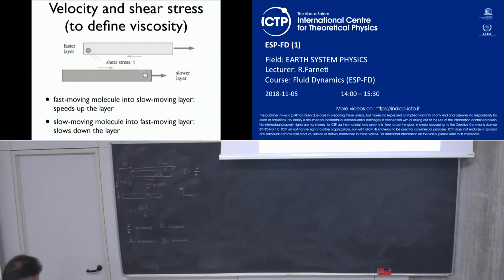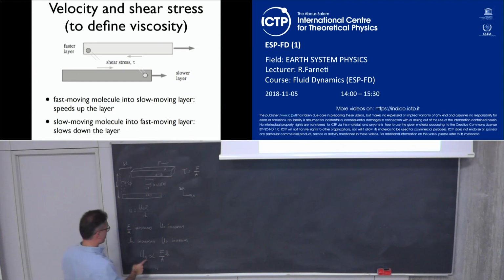panel. Okay, so this means that your u naught is proportional to F over A and to H. Okay? The larger the shear stress, the larger the u naught.